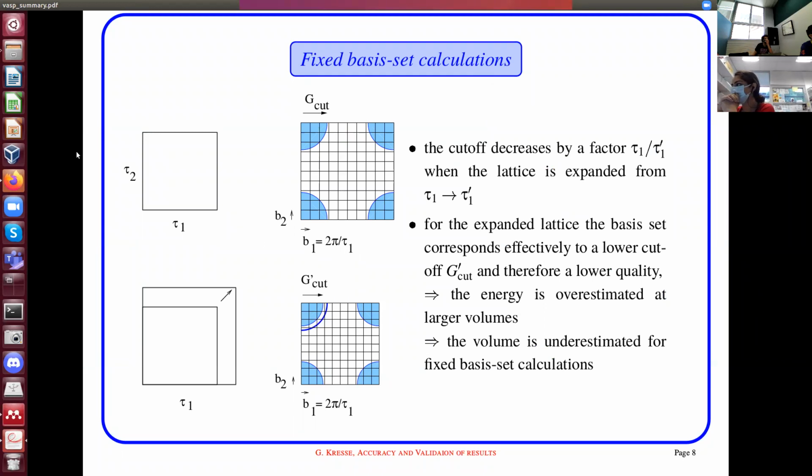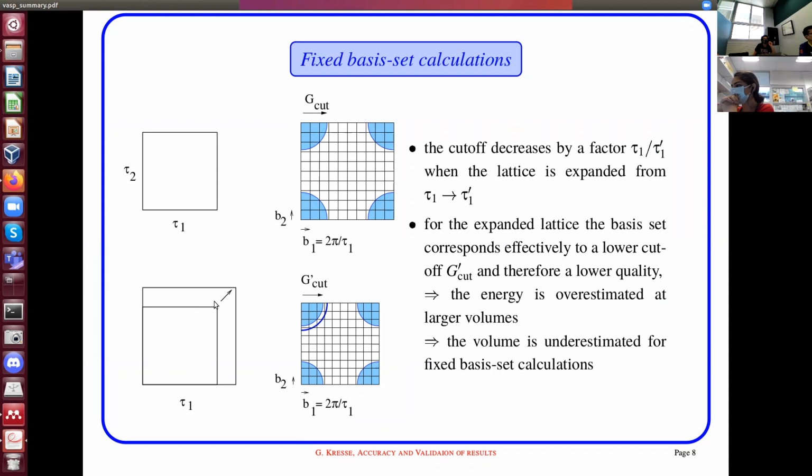Let's visualize what we just said. Given this as the Brillouin zone, the idea of the energy cutoff is that you are covering part of it. So what is the problem?